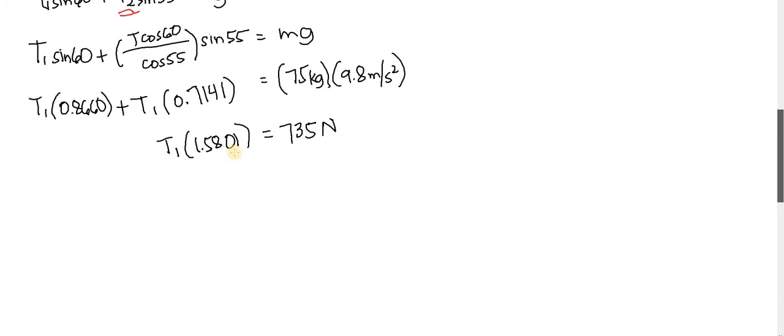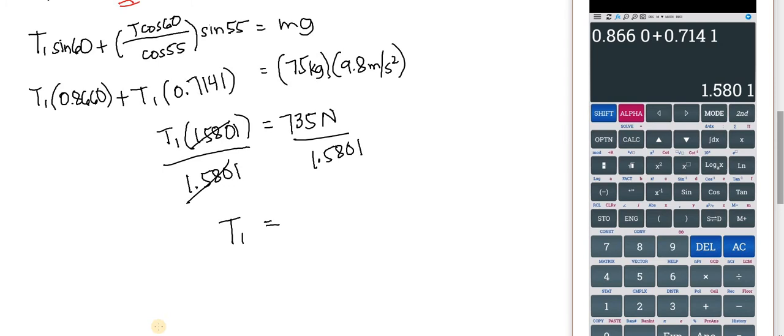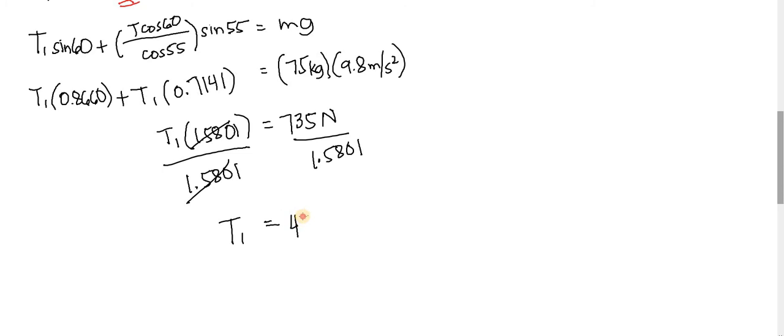Then divide both sides by 1.5801, which cancels, and T1 will be equal to 735 over 1.5801, and that is 465.1604. I'm giving this so that you can compare later if it's close to the value that we're getting.